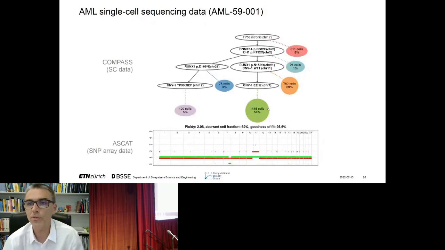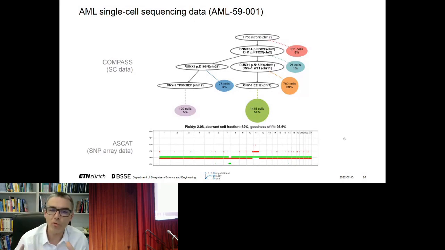I mean, that's what the model suggests, that's what we estimated. And there is a subclone here making up 5% of the cells, 120 cells in this example, on chromosome 17. And when you compare that to bulk data here from a SNP array, there's no way to detect such a low frequency clone. So you get to see low frequency events that in a bulk analysis would not have been possible.